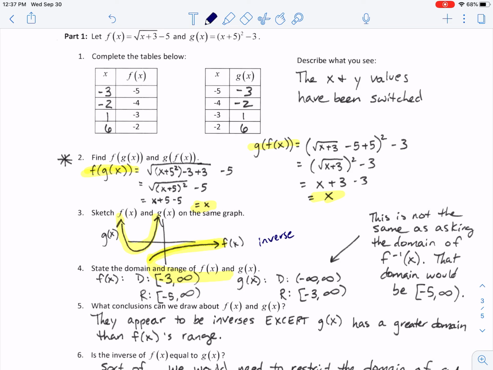Now, if they say, what is the inverse function, and they use the notation g to the negative 1 of x, they could either say inverse function, or they could say g to the negative 1 of x. If they do either of those things, then what that tells us is that we have restricted the domain on g to just being, we start at the vertex, and then we move in the positive direction.